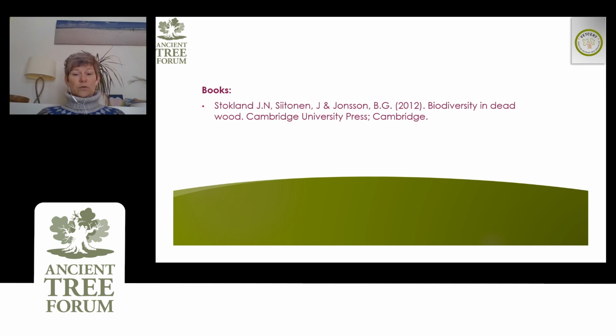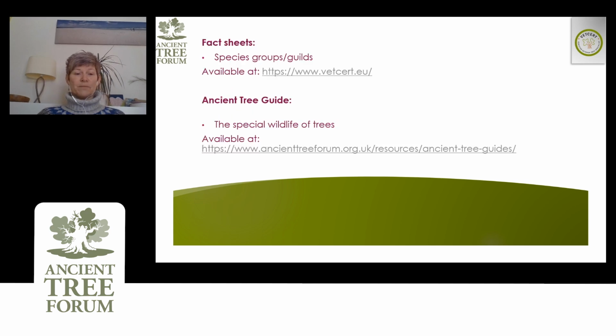Then there's a wonderful book that was produced in 2012, which brings together all the information we have about biodiversity in deadwood. That covers the whole range of different species if you really want to dive into this subject a bit more.